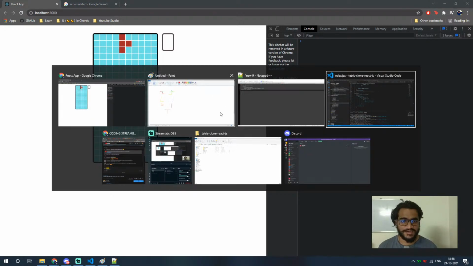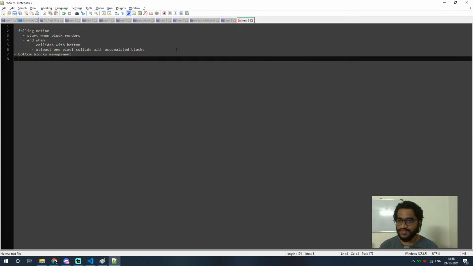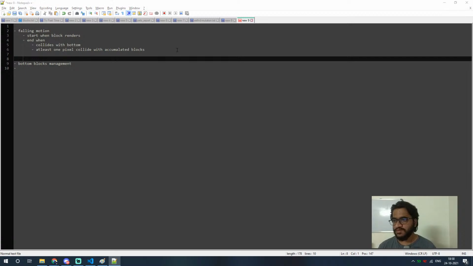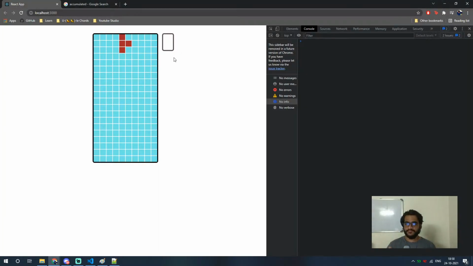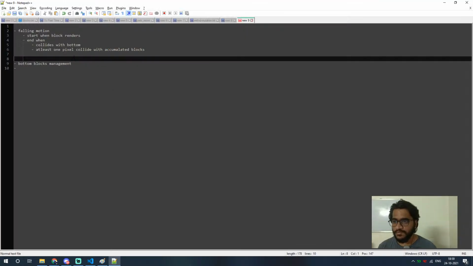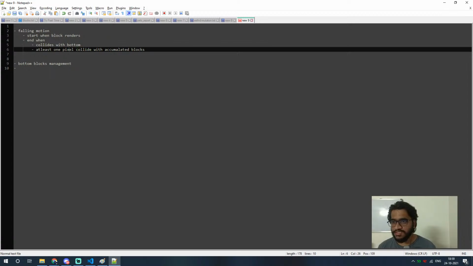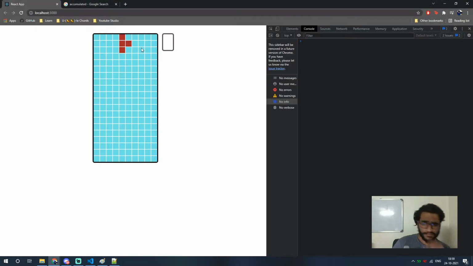Okay, so this would be our first step, falling motion. Then when falling motion is done, now it collides with the bottom, and at least one pixel collides with accumulated blocks, right?